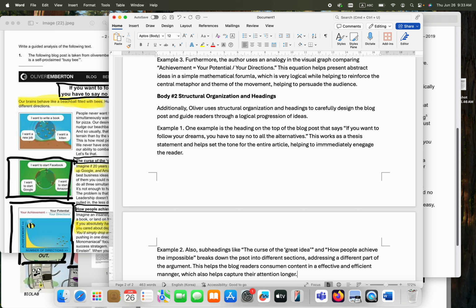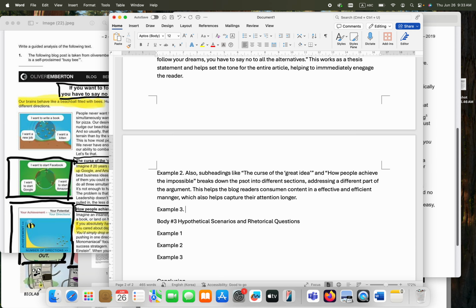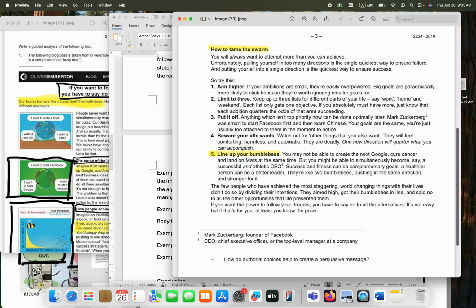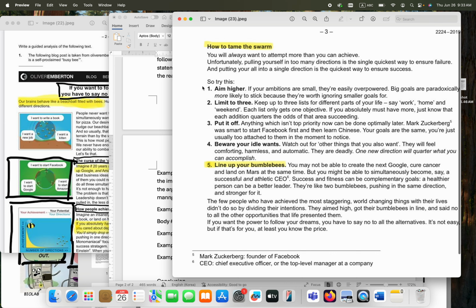Longer, right? So example 3. So I could either talk about this list right here. Yeah, let's do this. So how to tame the swarm. So Emberton has 5 logical points, right?